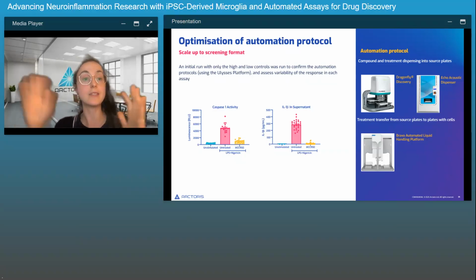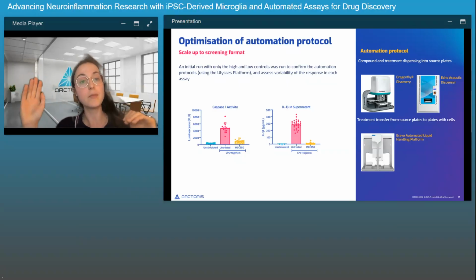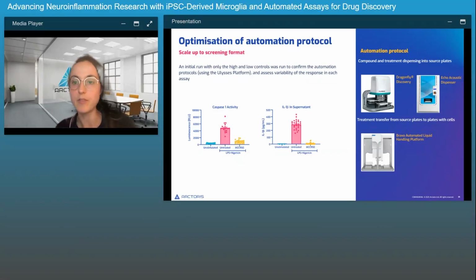That is, cells stimulated with LPS and nigericin, just with DMSO, or also with the inclusion of MCC950. And on the right-hand side, you can see some of the different liquid handlers we've used for this automation. And as you can see in both of the graphs, the controls work really nicely. We have consistent responses across different wells, and the controls are behaving the way they should.